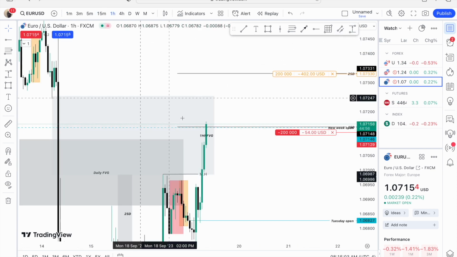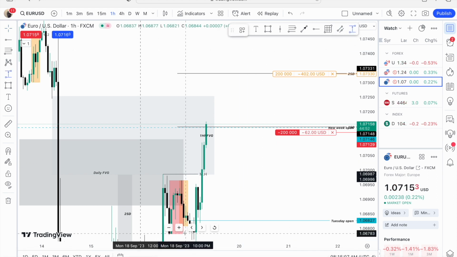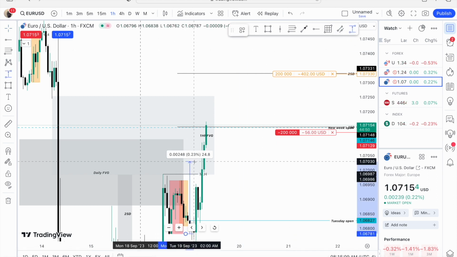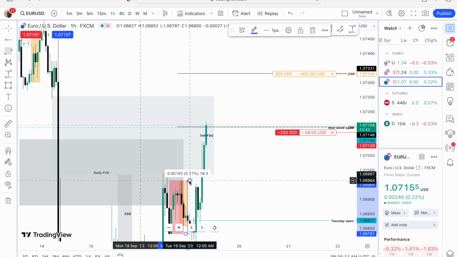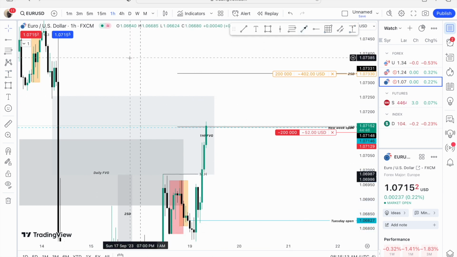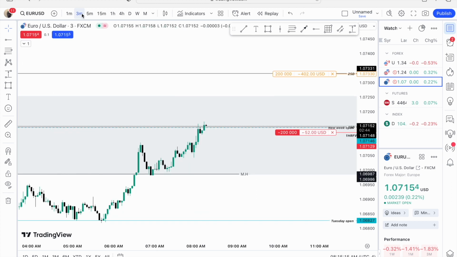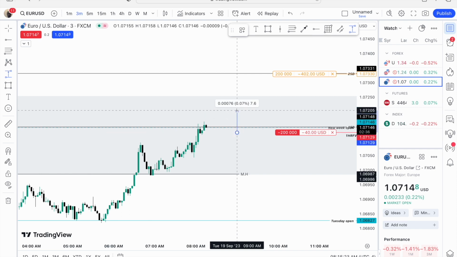So what I'll do also is see the distance that this dealing range made. It was how much pips? 18 pips. So from my entry, 18 pips.